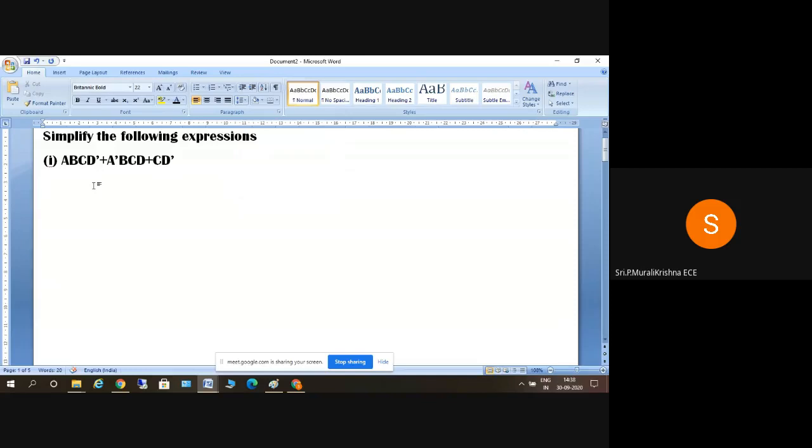So we have to minimize this equation. Last class we have seen one equation and we'll minimize this equation. So we'll follow the rules. I'll just go on doing this. This is the expression here. Using the Boolean laws, we have to minimize the equations, right? Here I can take CD bar as common.